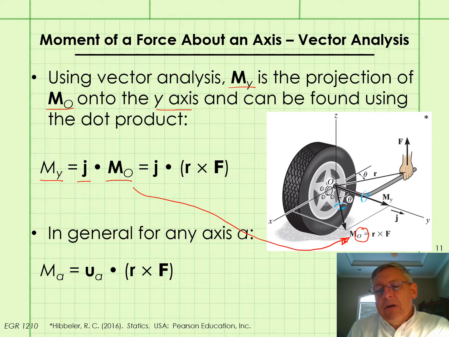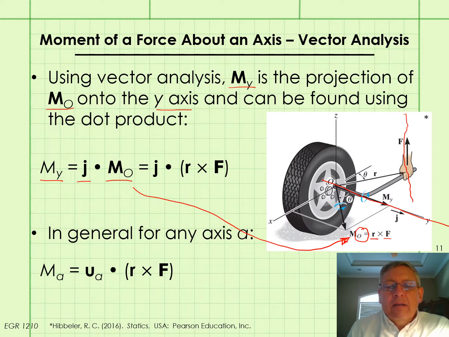So that makes r a position vector from any point along the y-axis, for this case, to any point along the line of action of the force. So make sure you take note of that. And we cross that position vector into the force F.